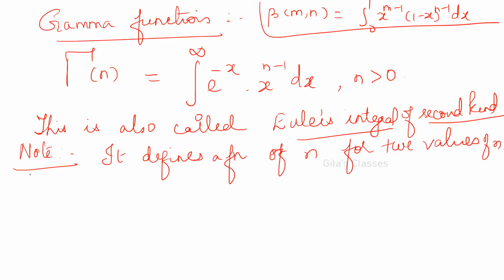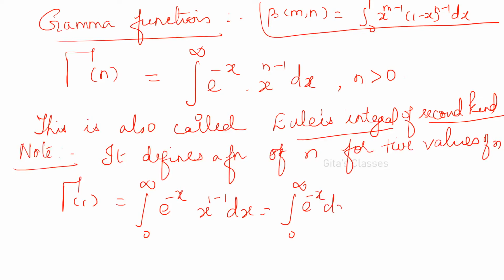This is important. So what is our gamma of 1? These are all standard values you should know. Gamma of 1 is the integral from 0 to infinity of e power minus x into x power 1 minus 1 into dx. X power 0 is 1, so this becomes the integral from 0 to infinity of e power minus x dx.